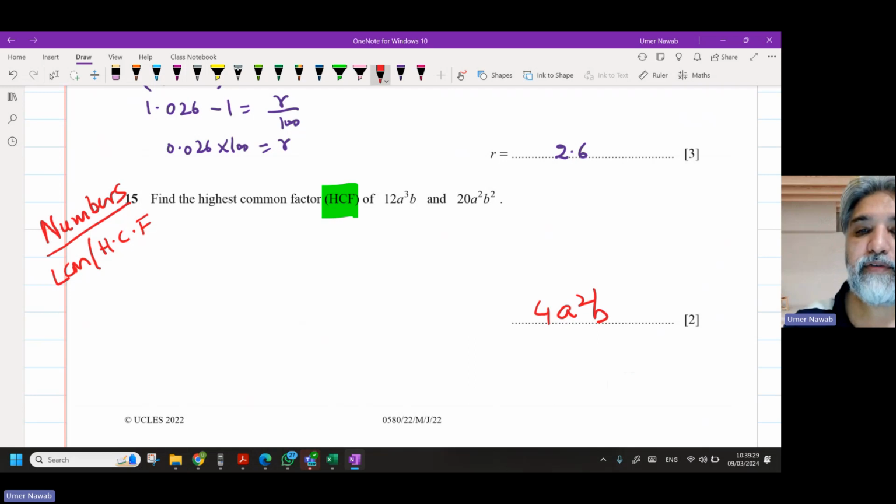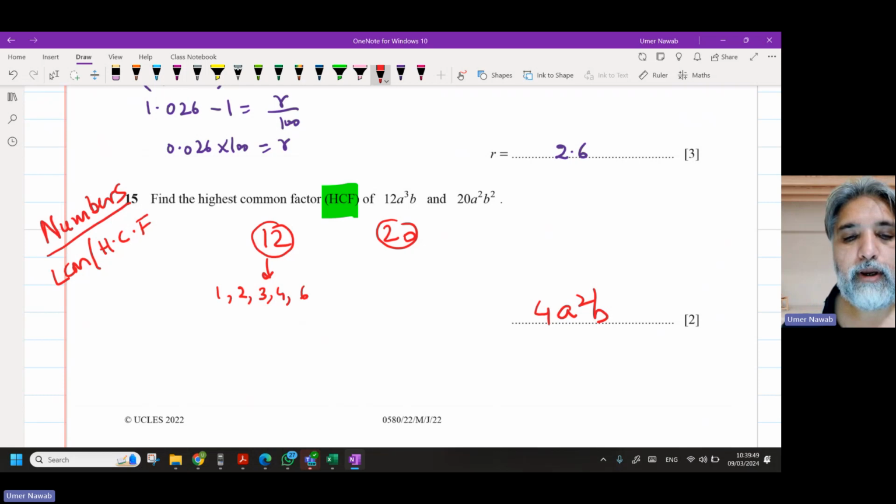So just HCF again, 12 and 20. The factors of 12 are 1, 2, 3, 4, 6, and 12. The factors of 20 are 1, 20, 2, 10, 4, and 5.